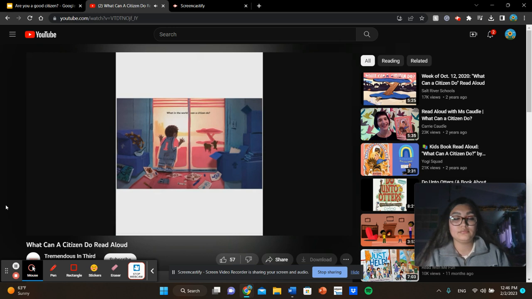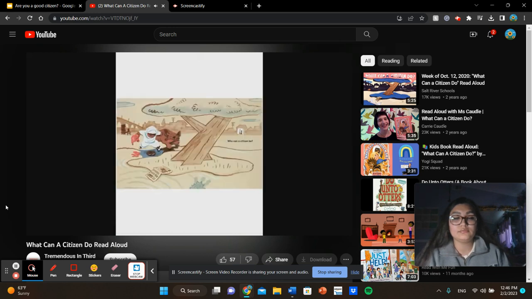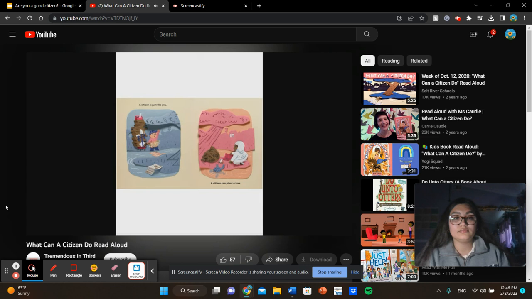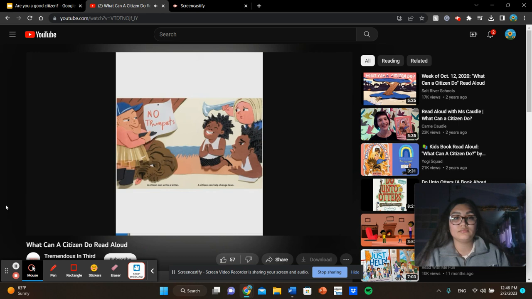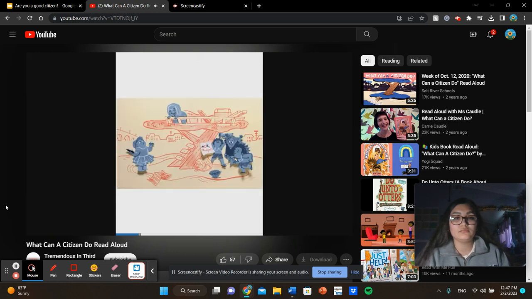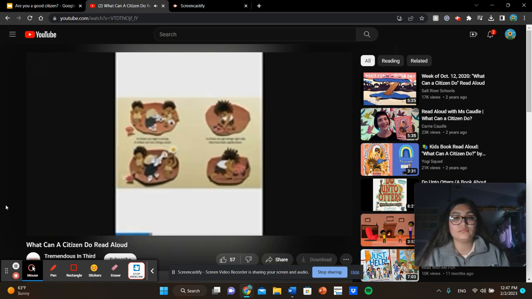What in the world can a citizen do? Who can a citizen be? A citizen is just like you. A citizen can plant a tree. A citizen can help a neighbor. A citizen can join a class. A citizen can write a letter. A citizen can help change laws. A citizen can right a wrong.